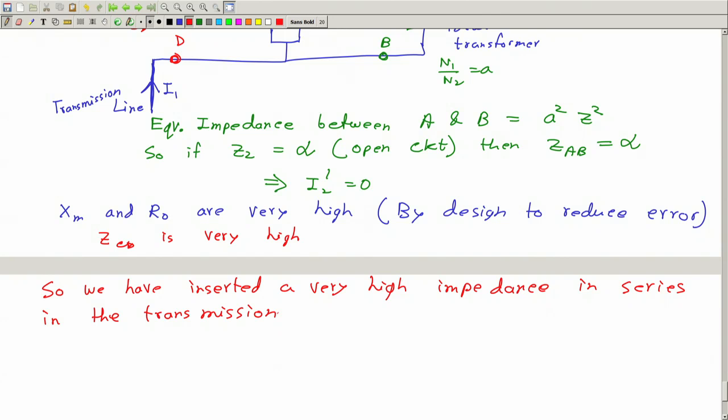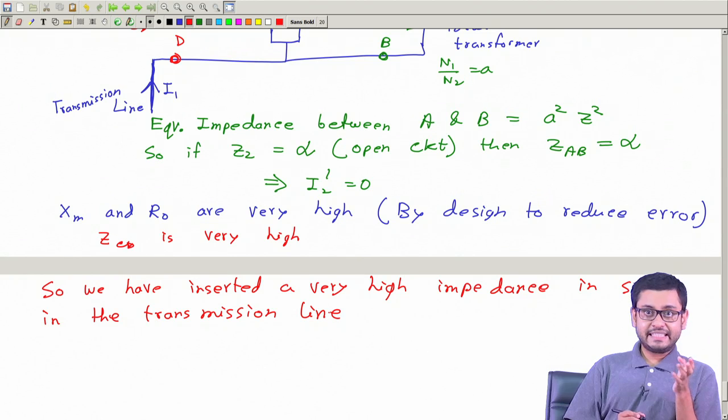Firstly, we should never do it, because if we are inserting a high impedance in series, the transmission line is disturbed, its current, because we know an ammeter should not have large impedance. Why? Because it should not disturb the transmission line.